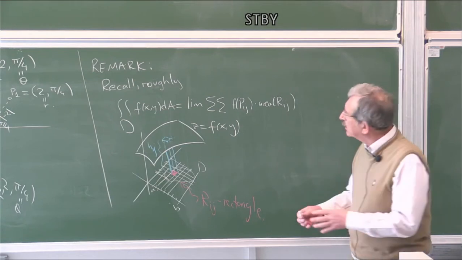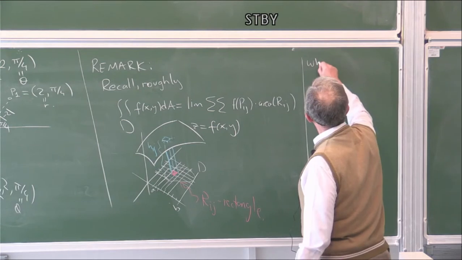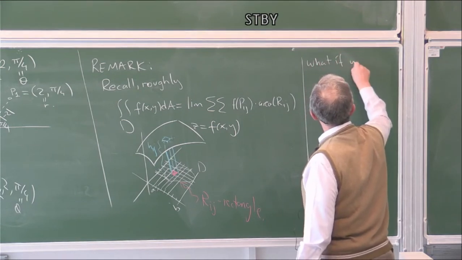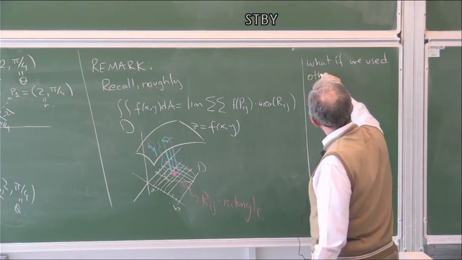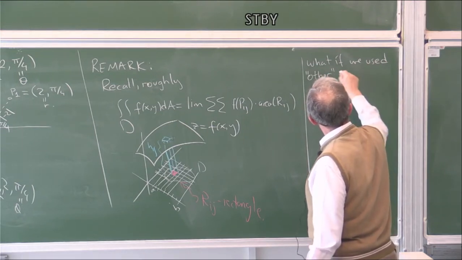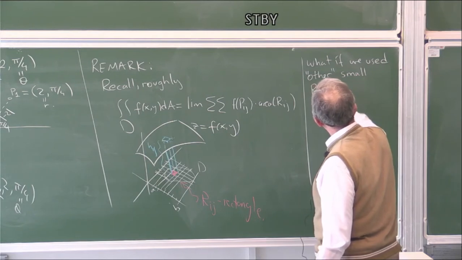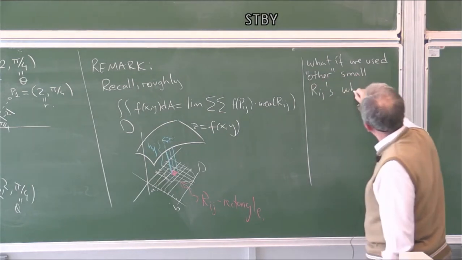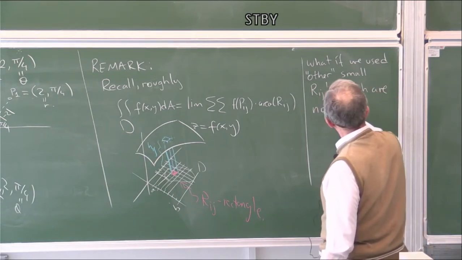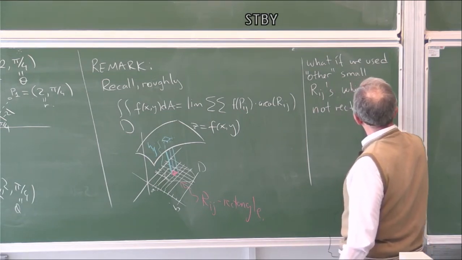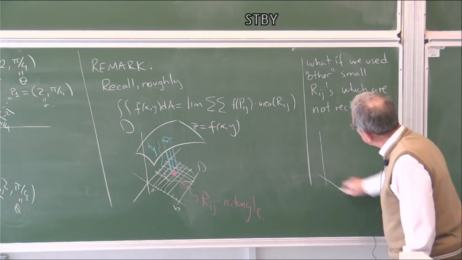Suppose we took D other small R_ij, which are not rectangles. For example, something like this.